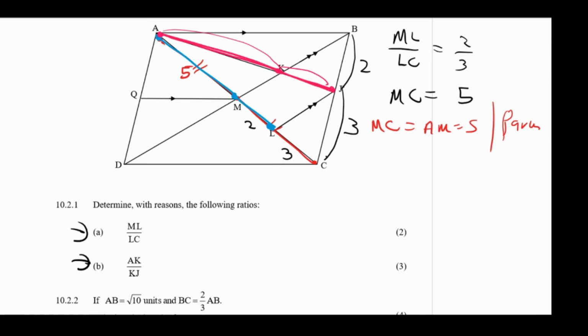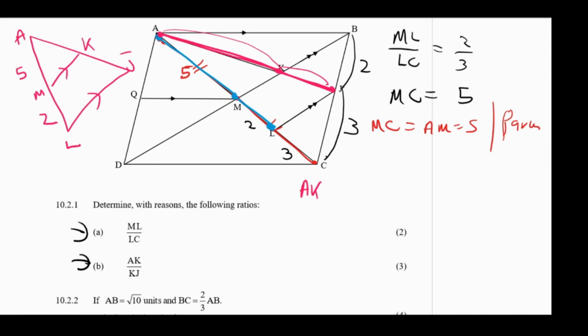and KJ, right? Because we have this triangle that looks like this, and there are parallel lines here. This is A, this is M, which is 5, and this is L, and then here is 2. So we want AK and KJ, right? We can simply say AK over KJ equals AM over ML.